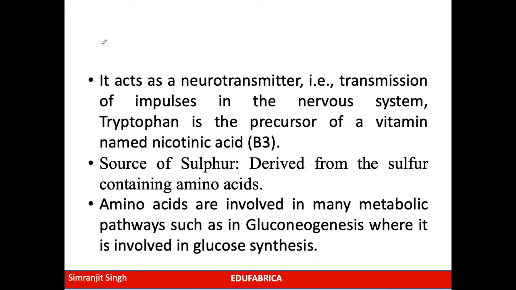Then there are also sources of sulfur, derived from sulfur containing amino acids like cysteine. Beyond that, they are also involved in many metabolic pathways such as gluconeogenesis, where they are involved in glucose synthesis. We will discuss glycolysis, gluconeogenesis and all these pathways in upcoming lectures. In those also, amino acids play a quite essential role.